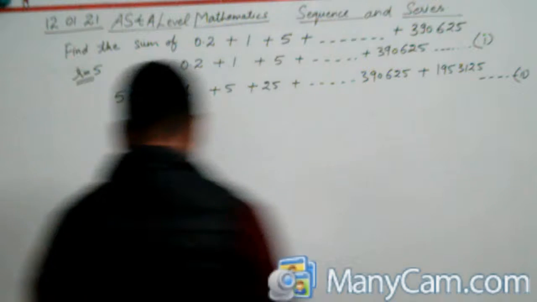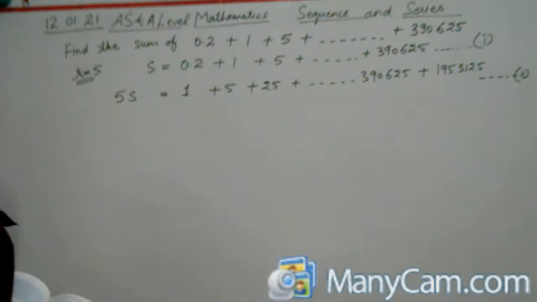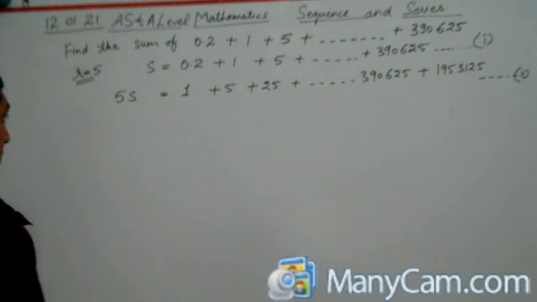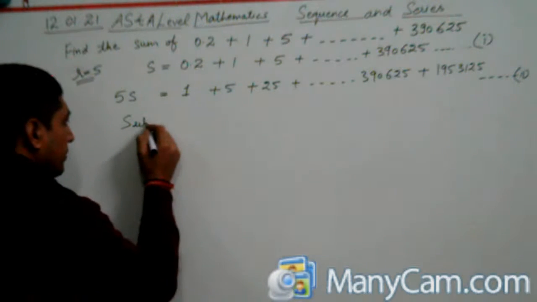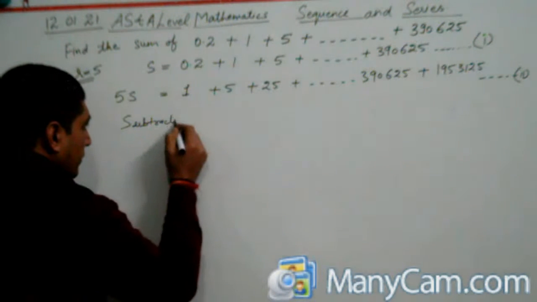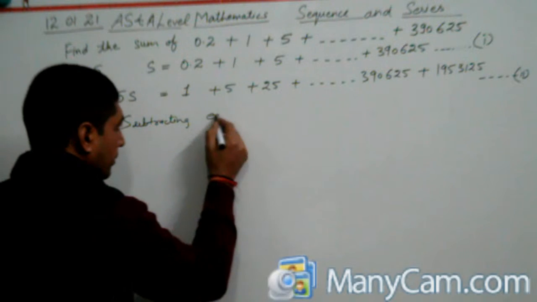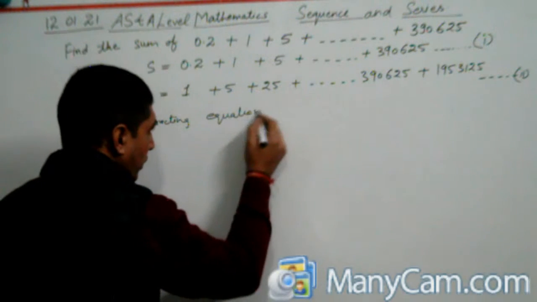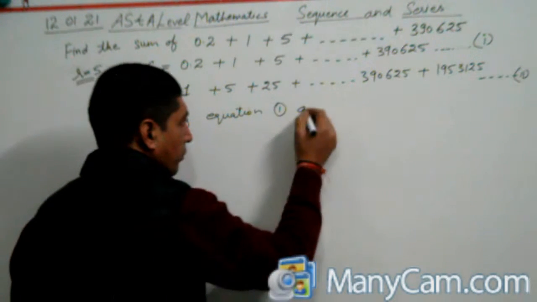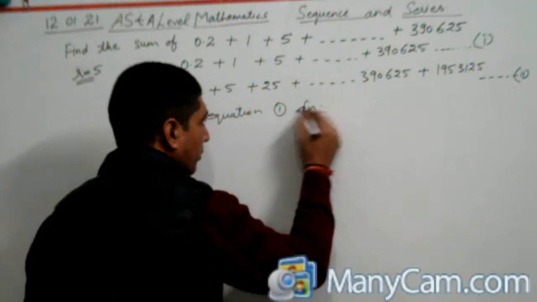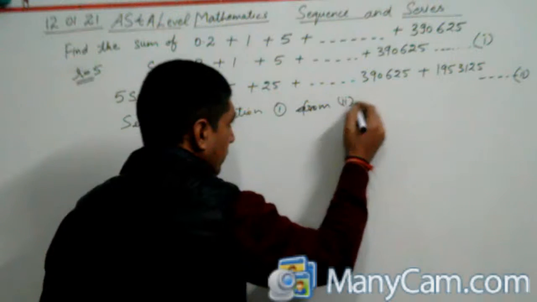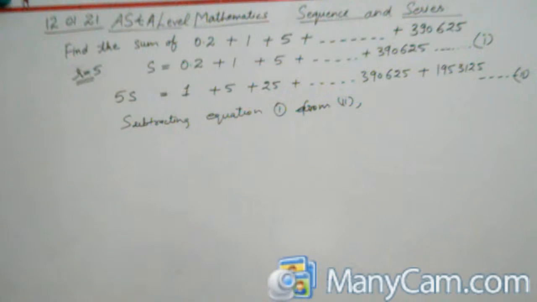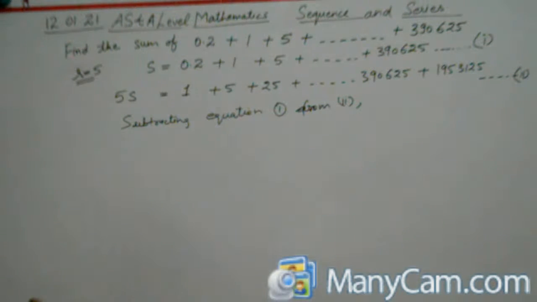So subtracting equation 1 from equation 2, we get 4S.